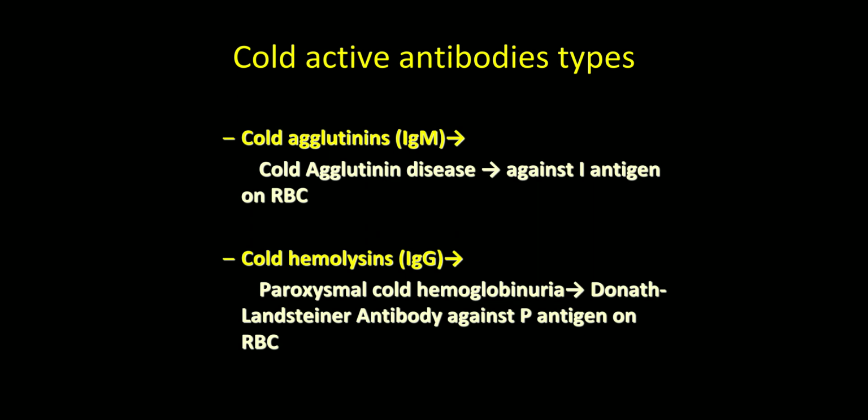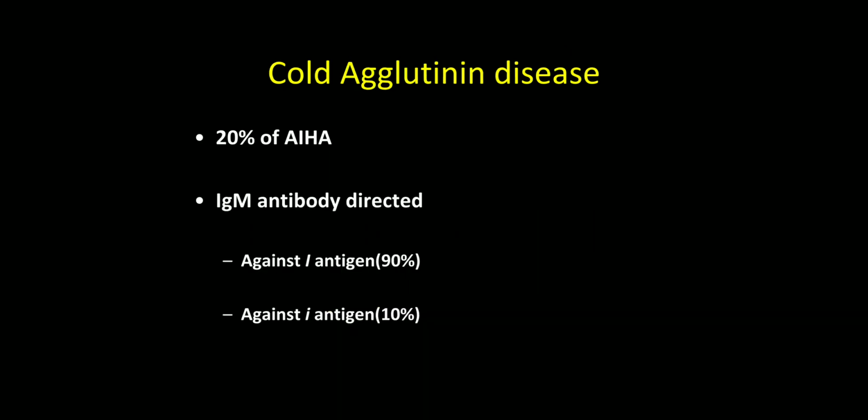Okay, so in cold agglutinin disease, you have IgM against the I antigen of RBCs, and in paroxysmal cold hemoglobinuria, or PCH, the Donath-Landsteiner antibodies are IgG type, which are directed against the P antigen. Okay. And again, it constitutes about 20% of AIHA, and IgM antibody is directed against capital I and small i, both of which are different expressions of the antigens. Okay, I antigen.